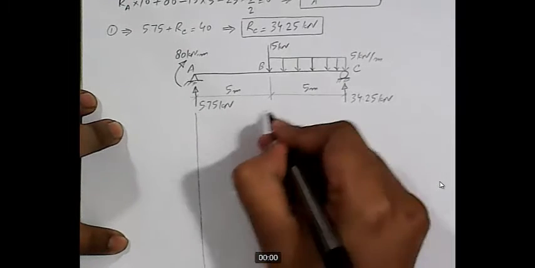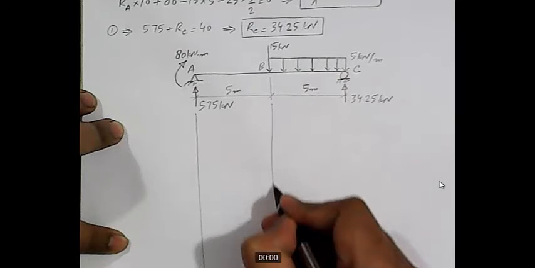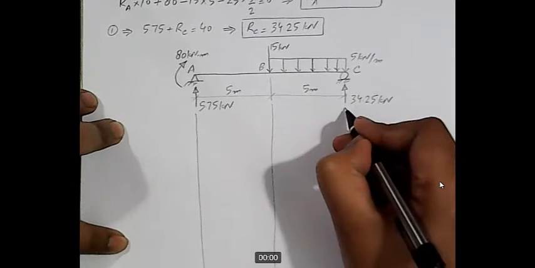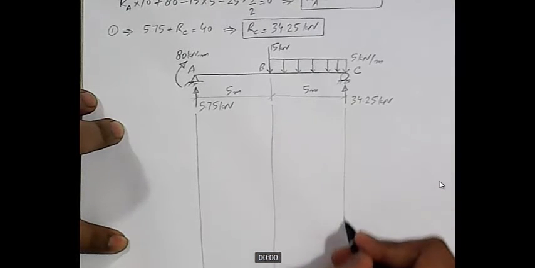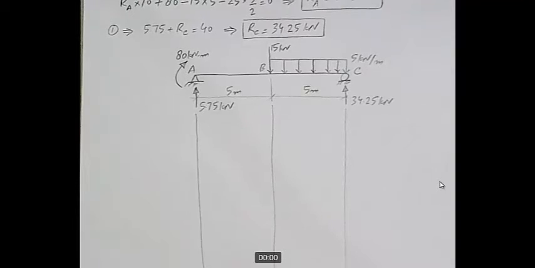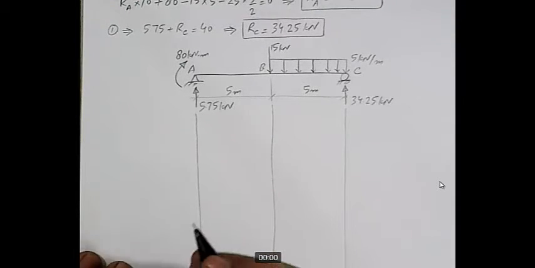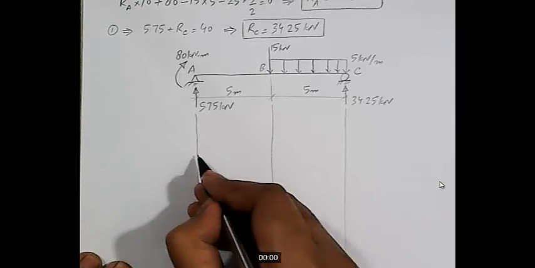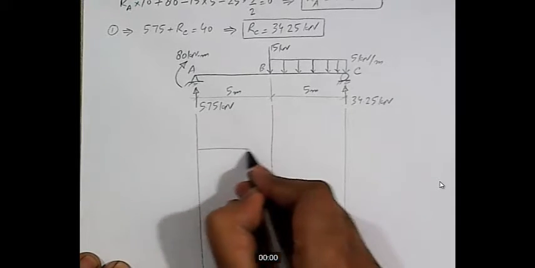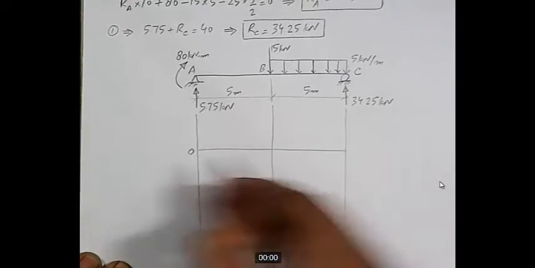And we know that we draw guidelines corresponding to every point where we expect a change in shear force or bending moment. So let's draw the shear force diagram first. This is our 0, 0 line.